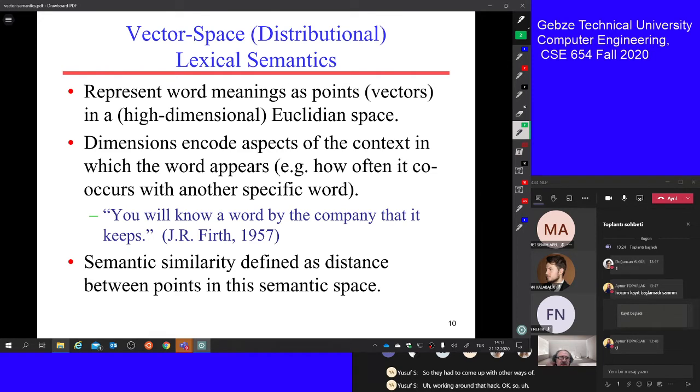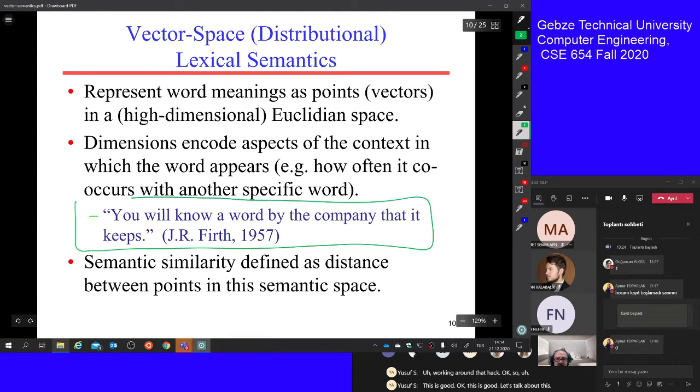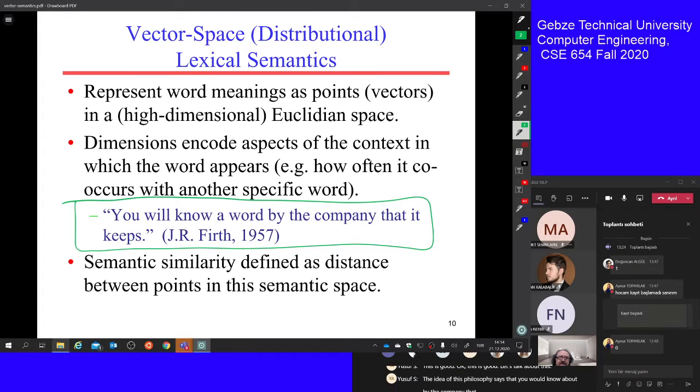Okay, this is good. Let's talk about this idea. This philosophy says that you will know a word by the company that it keeps. So far, what we did was try to match the words themselves.